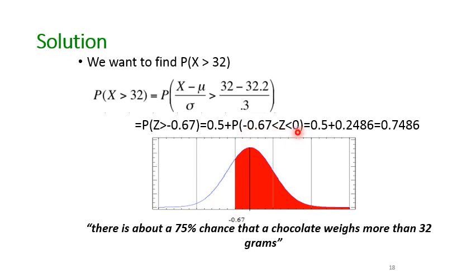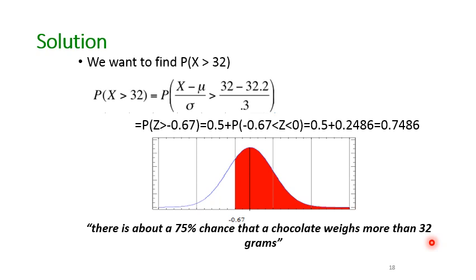This area from 0 up to 0.67 can be found directly from the standard normal tables. So we will add 0.5 to the area we will find from the tables, as we will see in the next slide. This will give me 0.7486. So this value means that we have a 75% chance that a chocolate will weigh more than 32 grams.